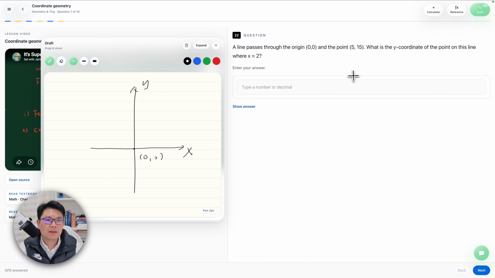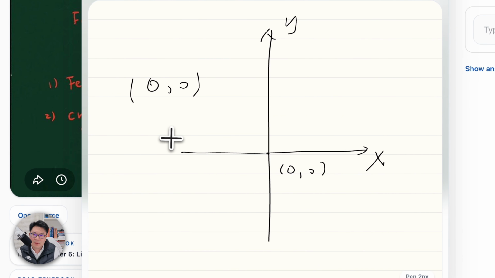In order to find the y coordinate of this point, it's better for us to get the expression of the function out. Remember, we learned how to get the function when we know 2 points of a linear function. It's a line, so it's a linear function. We have 0, 0 as one of the points and 5, 15 as the other.